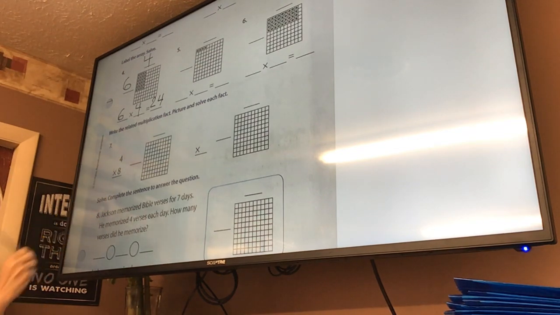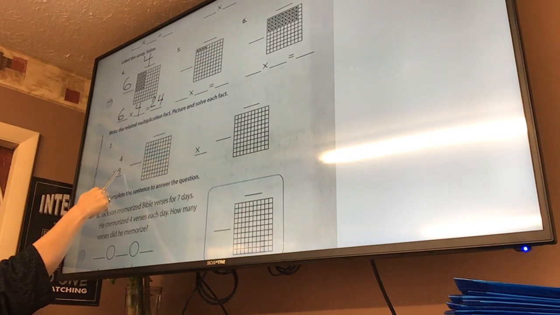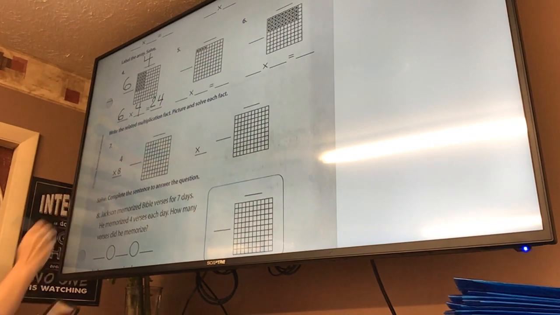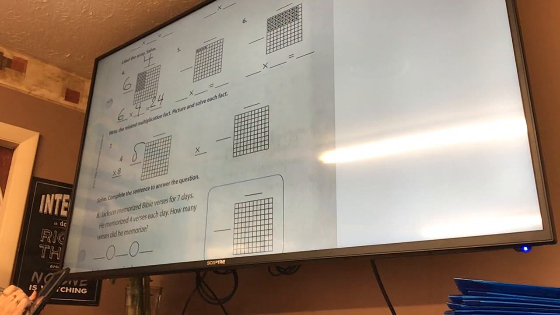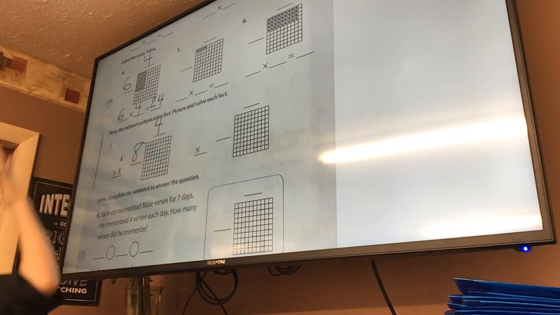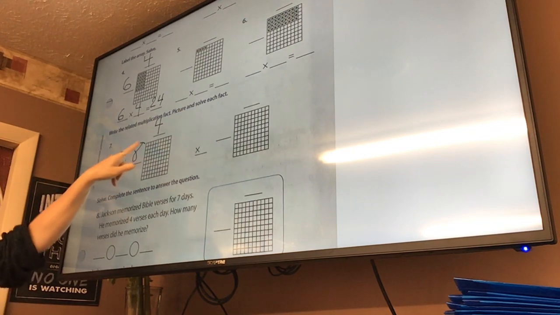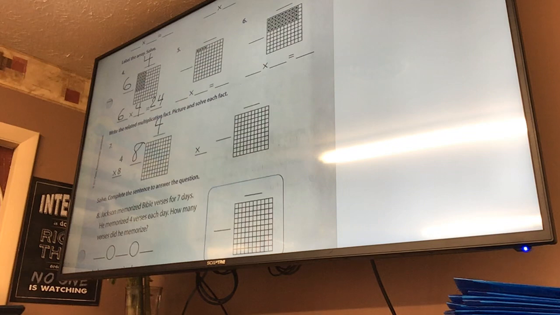So the 8 is going to go on the side and the 4 is going to go on the top. If you have a hard time remembering that, just remember when they're written this way, the number on top goes on top. And then you could remember that it's read 8 times 4.